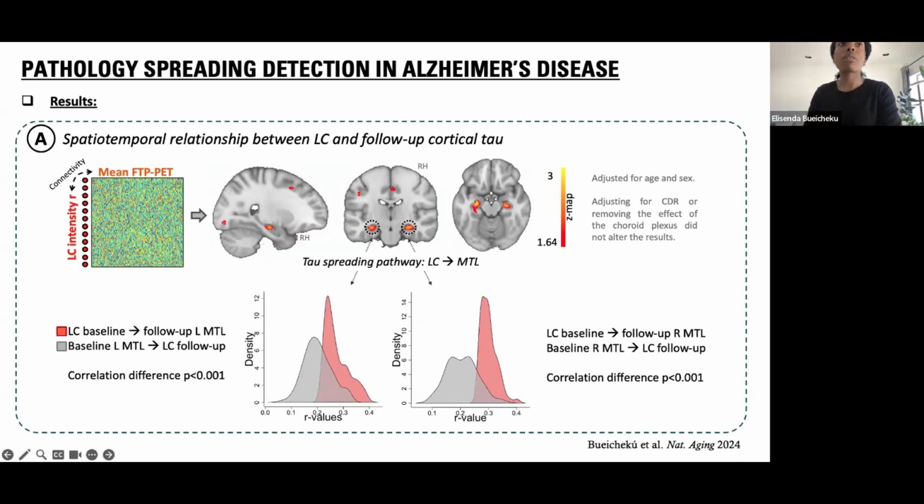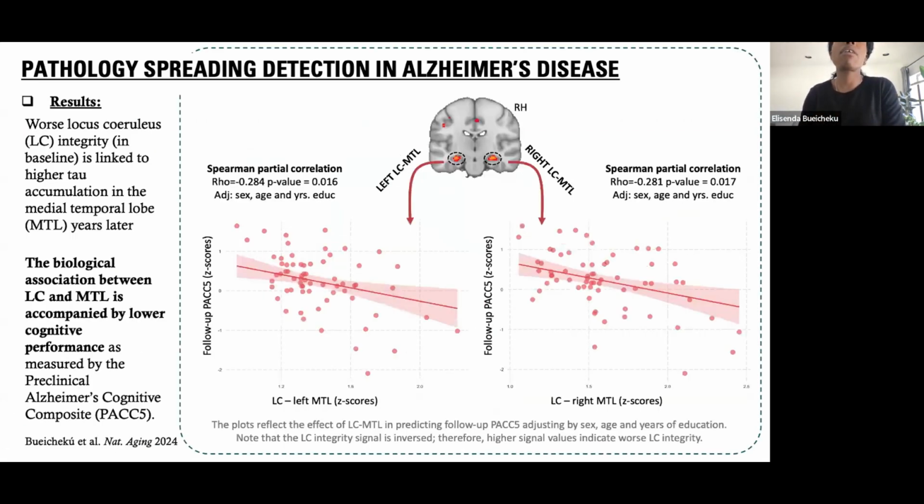What was more interesting here is that our pathway was able to predict the cognitive decline of these individuals, meaning that individuals that had lower LC integrity, so they were accruing more tau in the LC, had more tau accumulation in the medial temporal lobe.